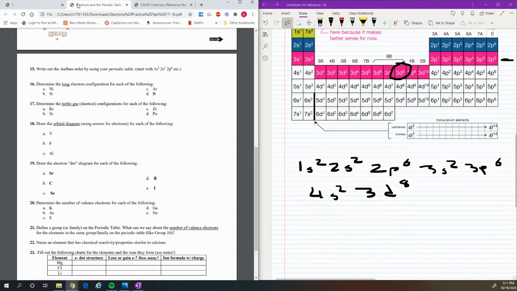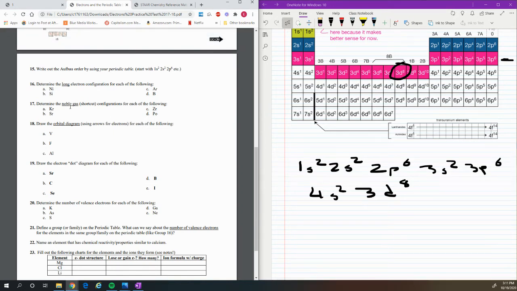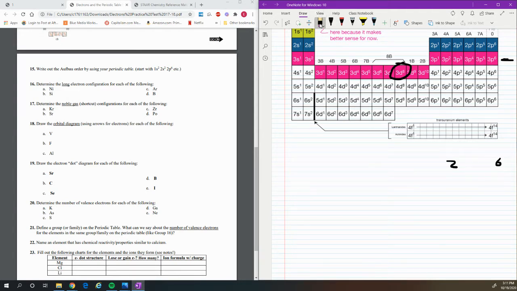All right, let's do number 17, determine noble gas configurations. Remember that the noble gas configurations are shortcuts, so we don't have to write these long electron configurations. It makes our life a lot simpler.